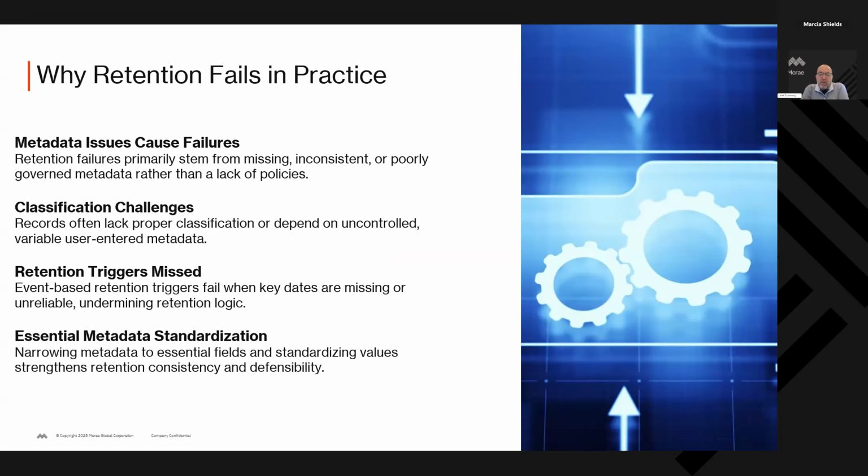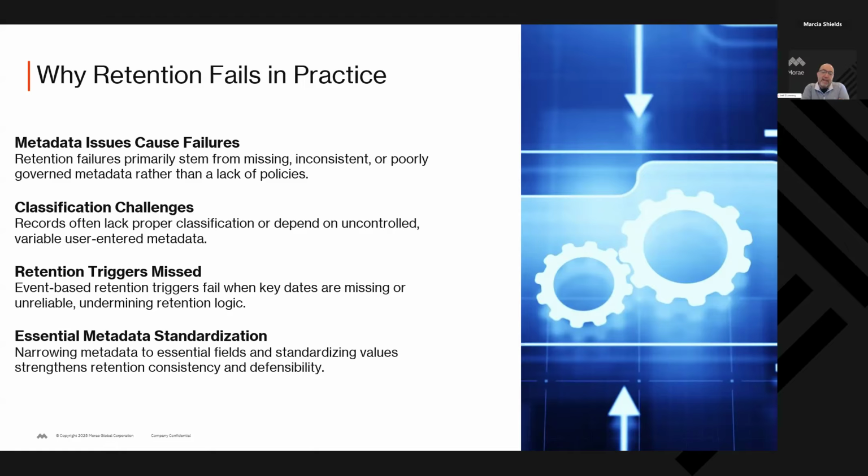We're missing records for whatever reasons. B, we're trying to do classification on inconsistent metadata, metadata that's not the same across the board, and we'll talk about reasons why some of that is happening. And C, metadata never really activating retention triggers, especially around the event-based stuff. So we're not filling in the contract end date, or whatever piece of information we need to start the clock.